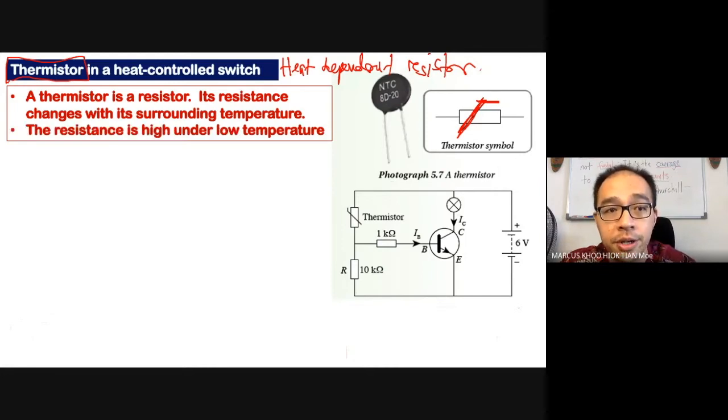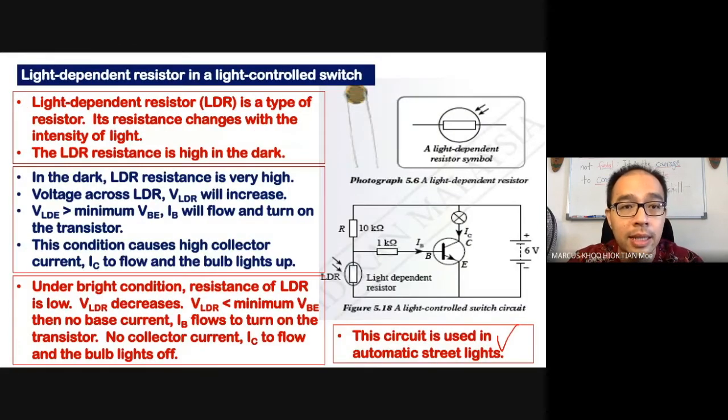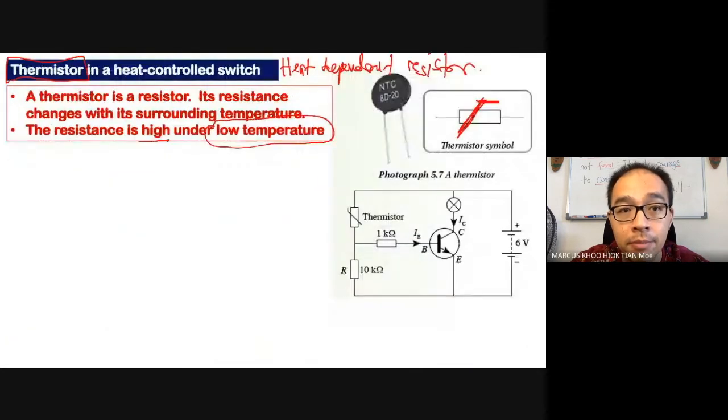Now this is the ciri, the resistance is high under low temperature. Remember the light just now? In the light-dependent resistor, the resistance is high when it is dark. Bila dia gelap, resistance is high. Kalau LDR. But in a thermistor, bila dia sejuk, when it is low temperature, the resistance is high.